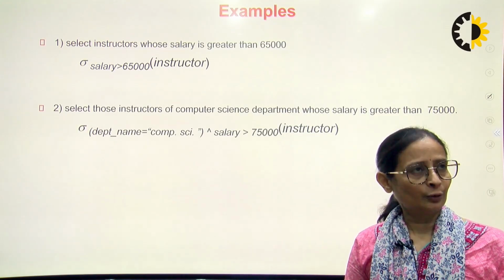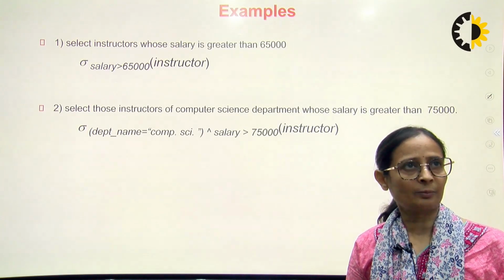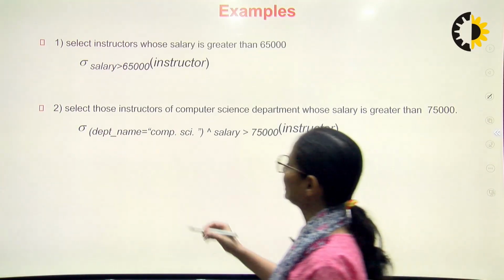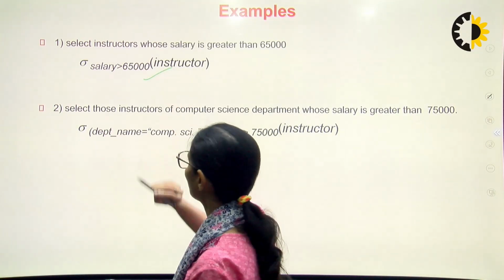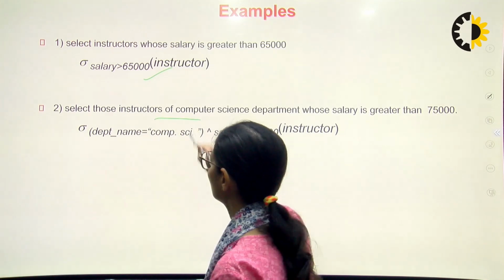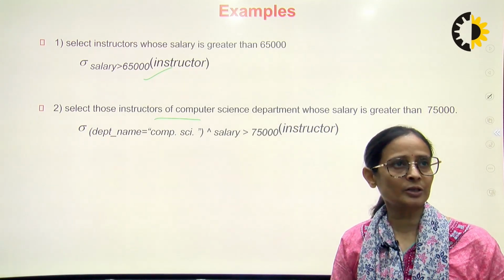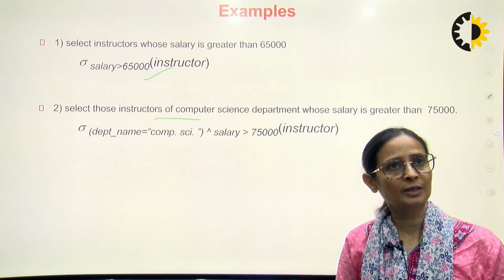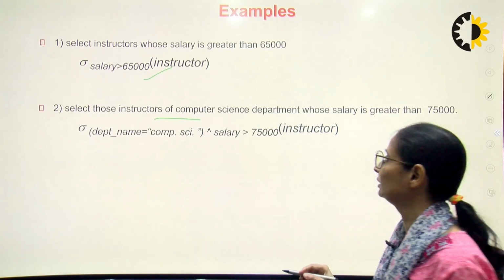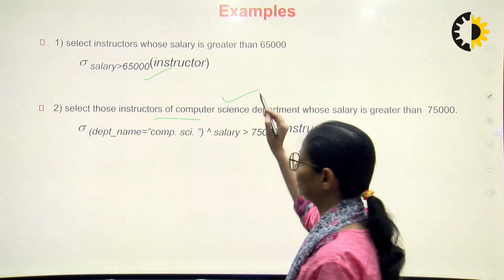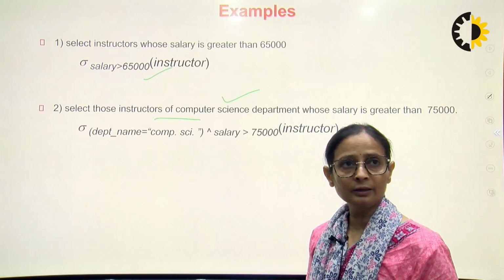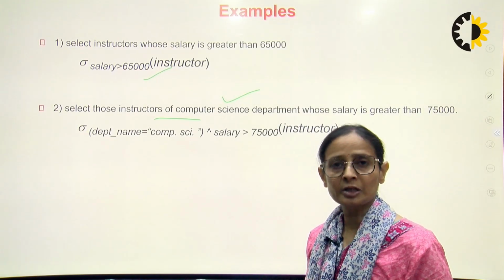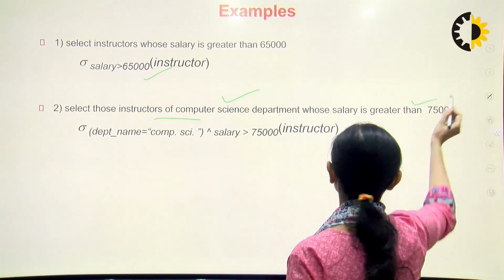These are a few more examples, and such examples we have already seen, that is salary greater than this much amount. Now in this I want to select those instructors of the computer science department whose salary is greater. Now two things are there. First, they should be working in computer science. Another, the instructor's salary should be greater than this.